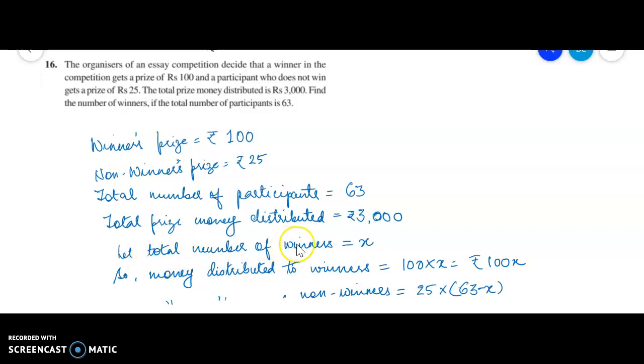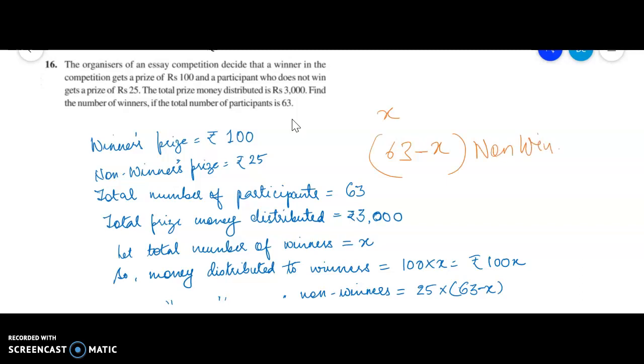Let the total number of winners that we need to find out be x. Then how many are non-winners? Total participants were 63 and winners are x, so 63 minus x will be non-winners.